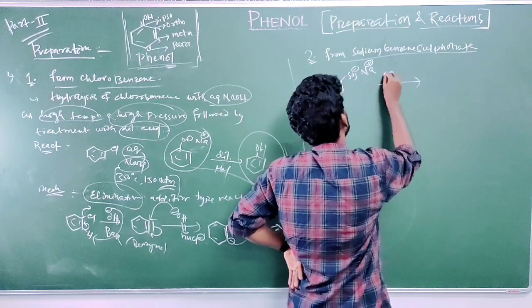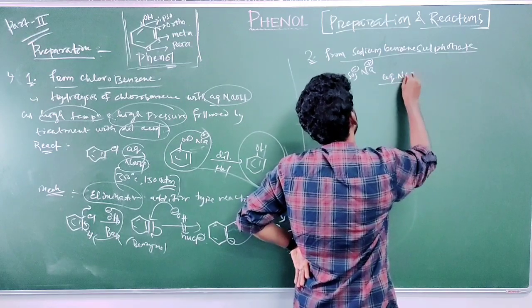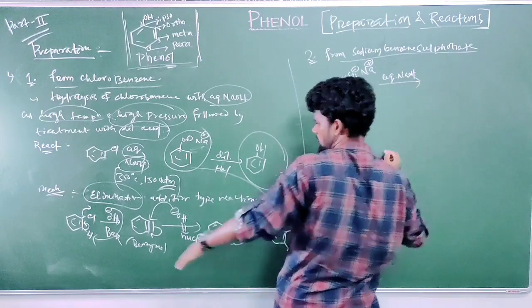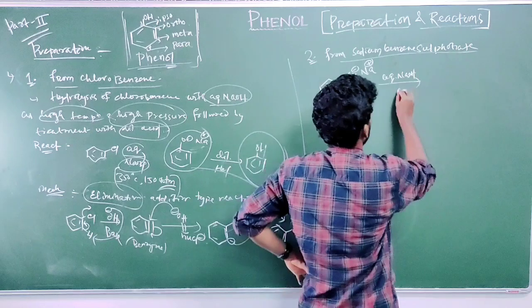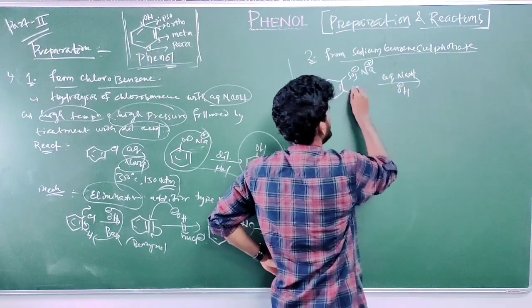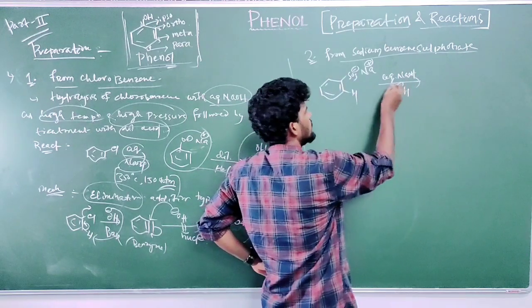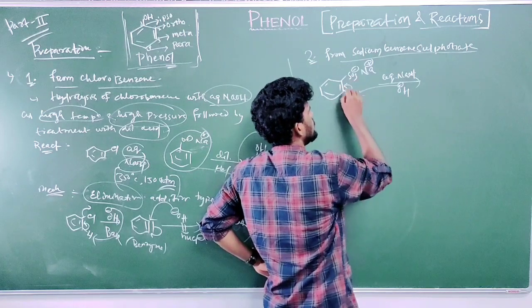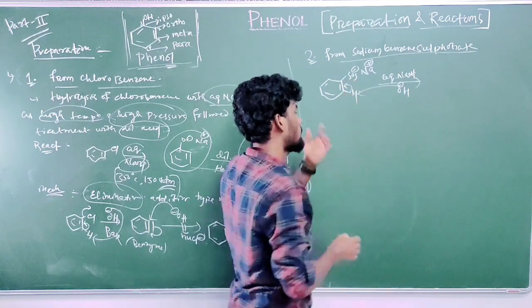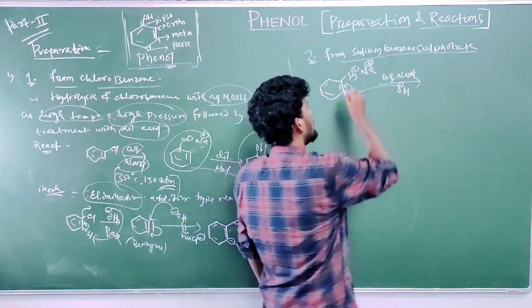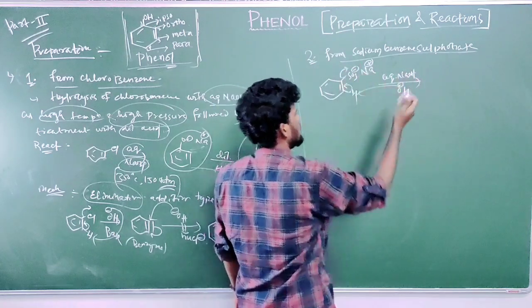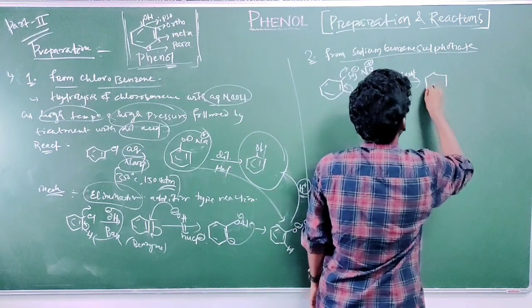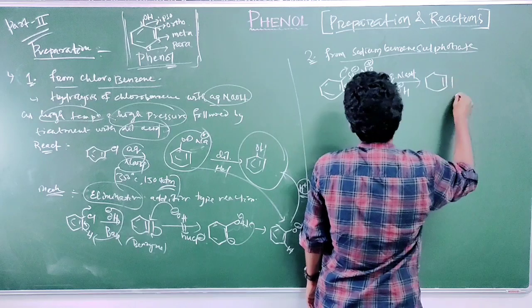If you give aqueous NaOH, it follows a similar elimination-addition mechanism. Here OH minus takes the hydrogen from here, the bond moves over to form a carbon-carbon triple bond, and SO3 minus Na plus leaves. It forms a benzyne structure.